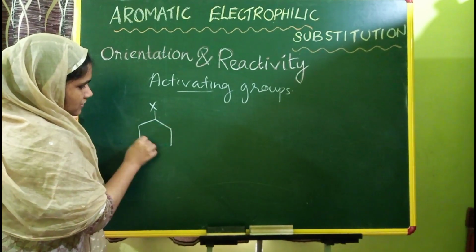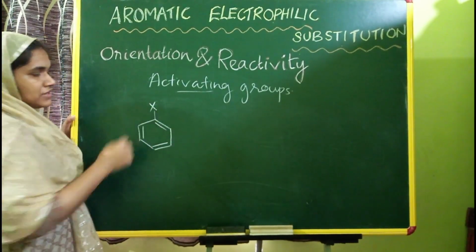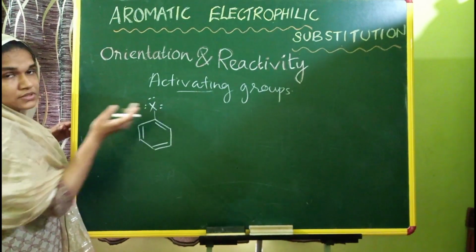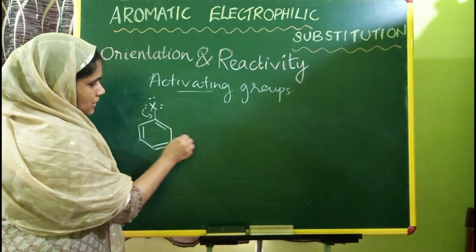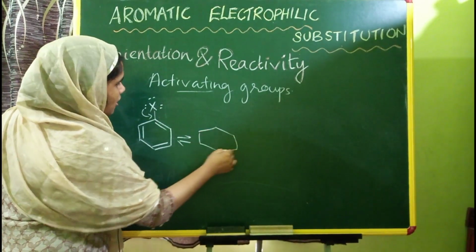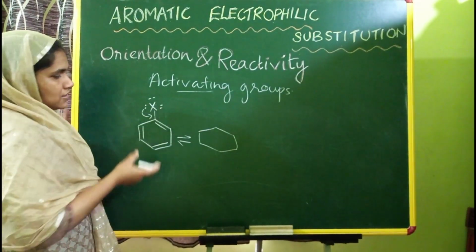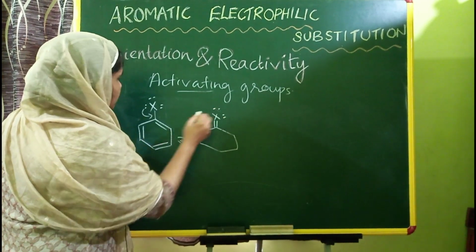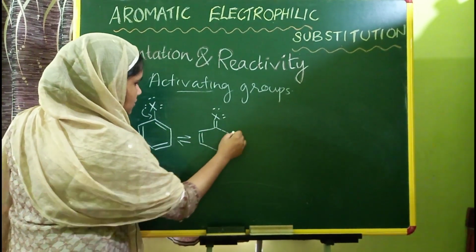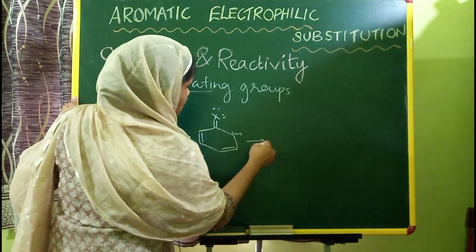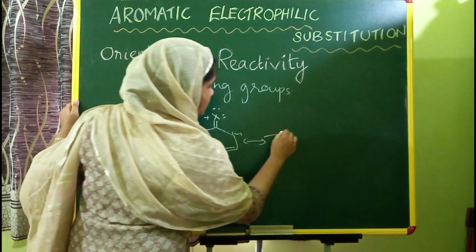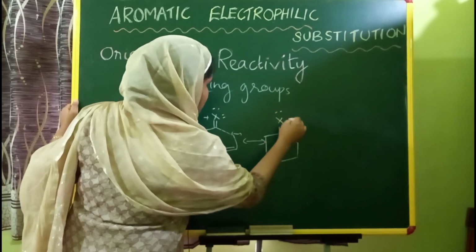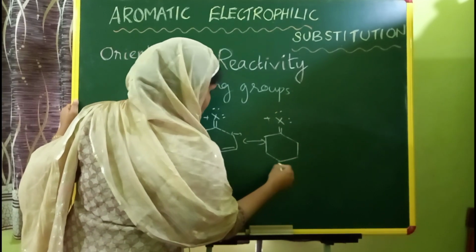Here, if it is a halogen, you can see there are three pairs of electrons, so you can write a similar resonating structure as the earlier case: here negative charge, here positive charge, X plus, here negative charge.